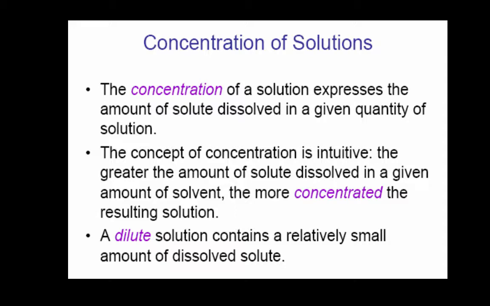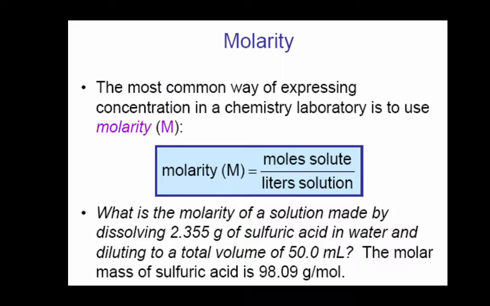Maybe you've bought orange juice in the freezer section of the grocery store. It says concentrated, because you have to take that frozen orange juice and add it to water in order to dilute it. If you just drank that orange juice without adding water, it would probably be really yucky. It'd be very strong because there's a lot of orange juice.